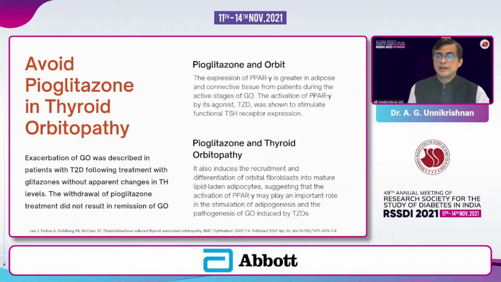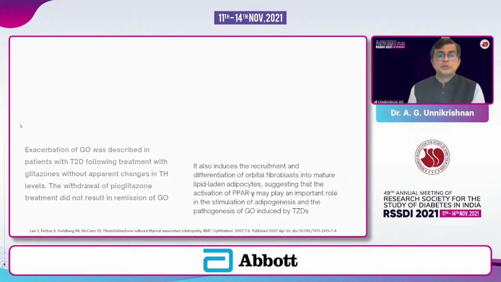So that's a vicious cycle. And pioglitazone also induces the recruitment and differentiation of orbital fibroblasts into lipid-laden adipocytes. When the fibroblasts in the eye convert into lipid-laden adipocytes, which are inflammatory and stimulate further adipogenesis, this may worsen the pathogenesis of thyroid-associated orbitopathy. So avoid pioglitazone in thyroid-associated orbitopathy.